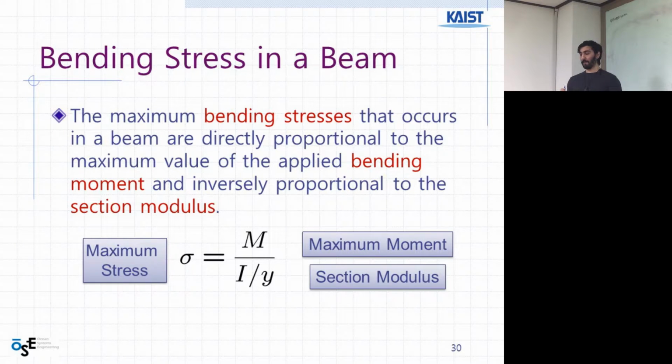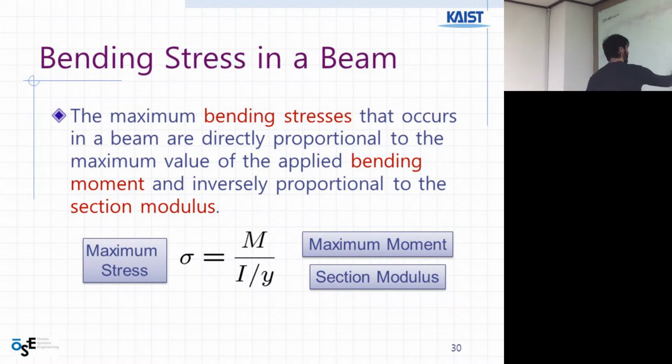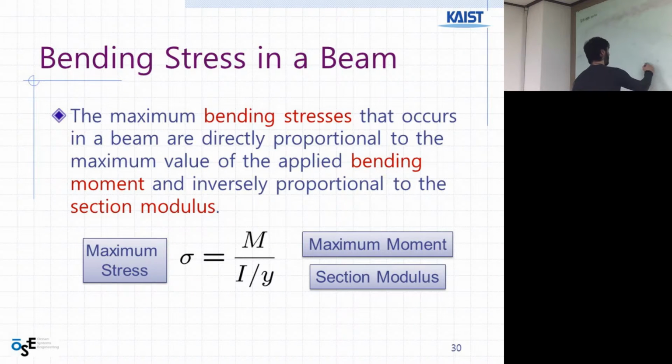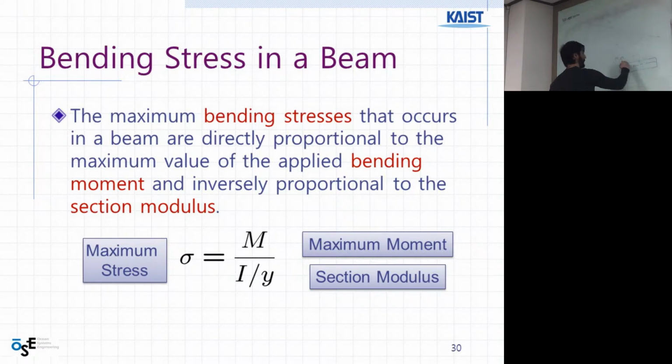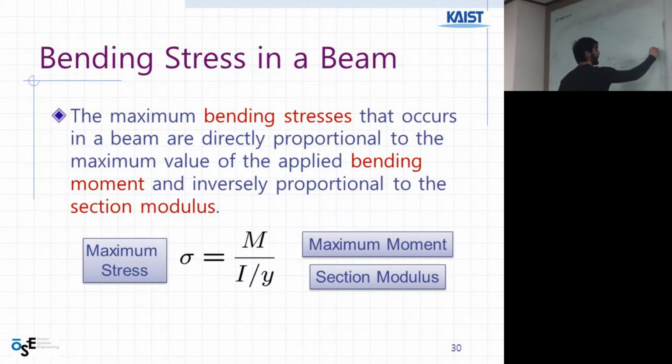For example, this is the neutral axis, and this is the moment.